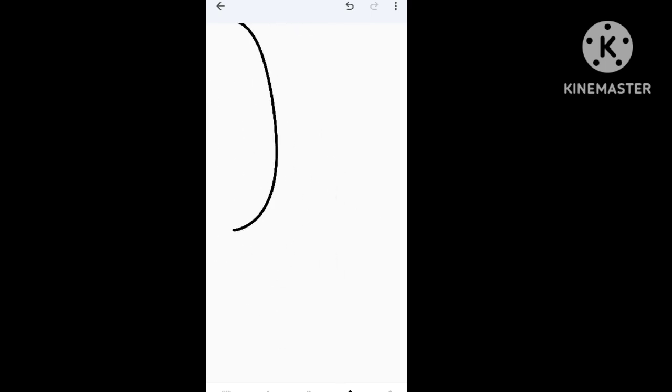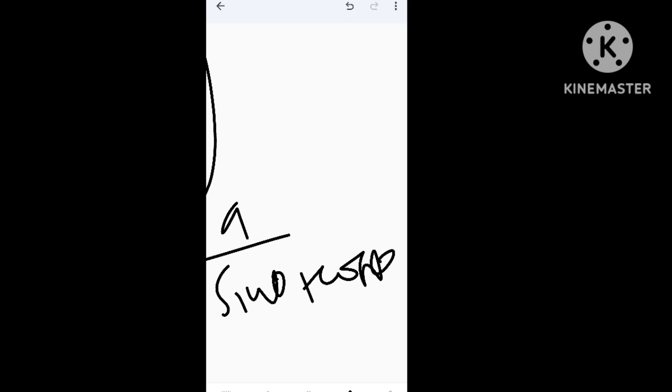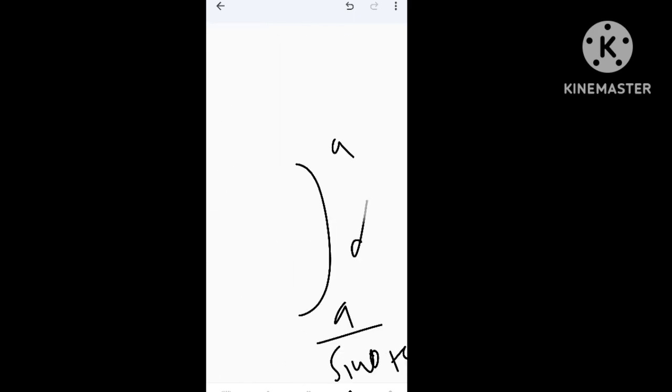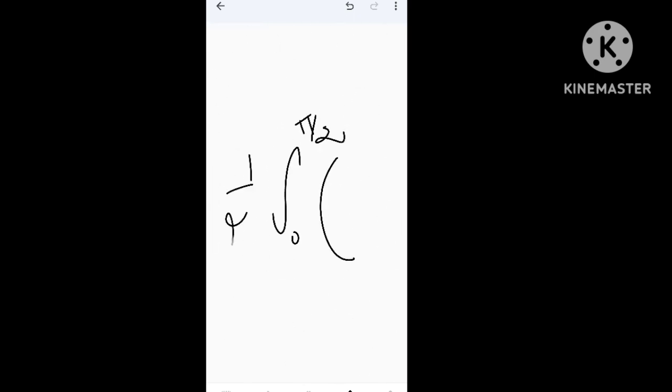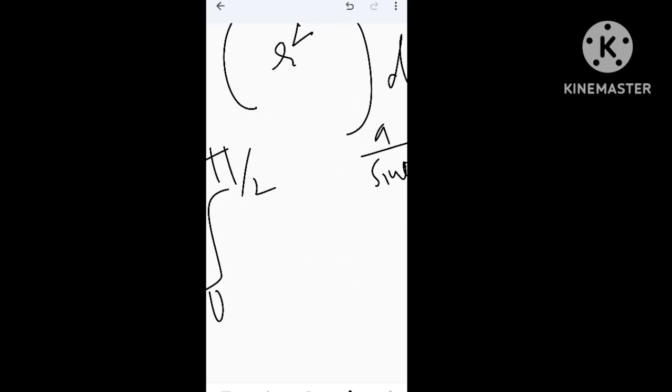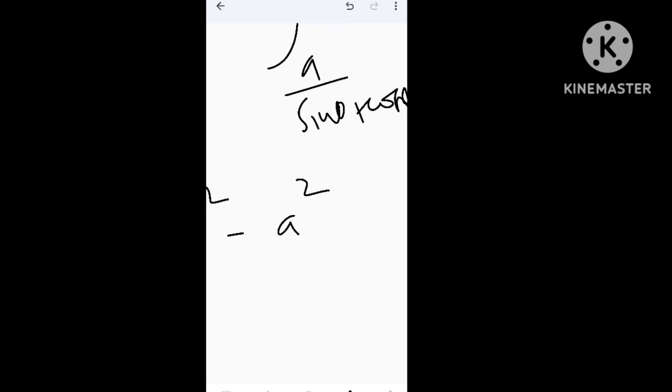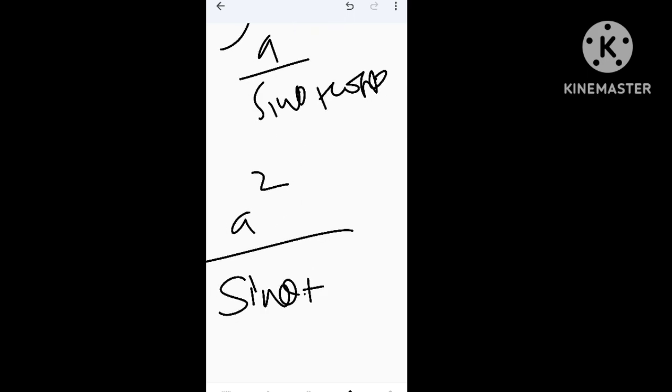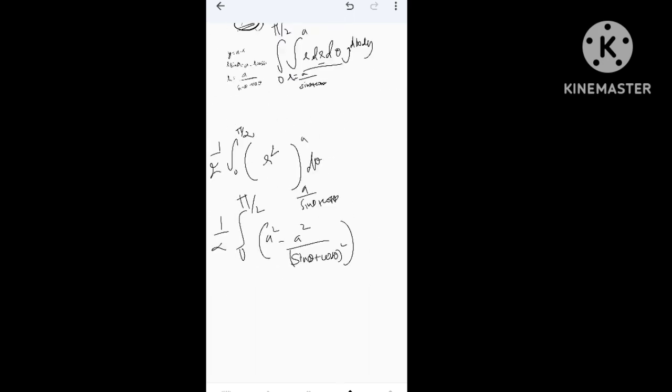Let's write the limits, a over sine theta plus cos theta to a. The integration of r dr is just r squared over 2. Bringing the one half outside, we get half the integral from 0 to pi over 2 of a squared minus a squared over sine theta plus cos theta whole squared d theta.